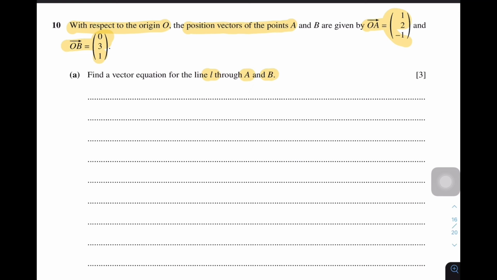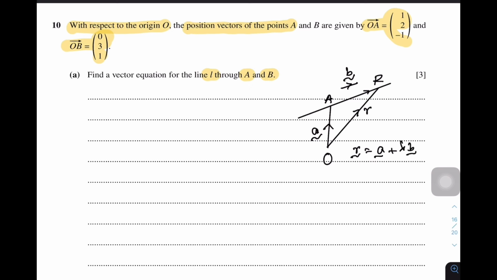We know the equation of a line: suppose this is A, the position vector given, and then randomly any point on the line is also given, that is R, and suppose the direction vector is B. So we can write R equals A plus lambda B. Lambda is any constant, B is the direction vector.